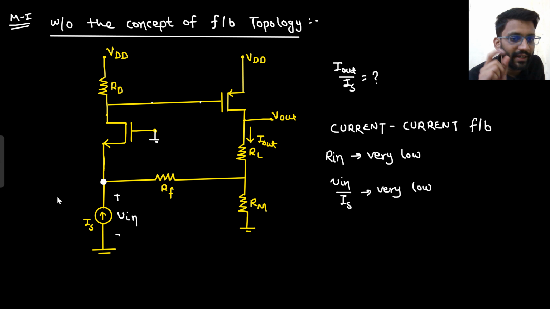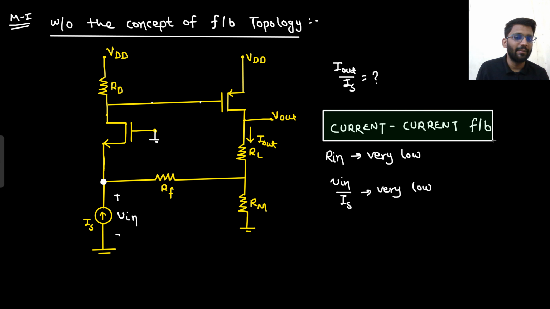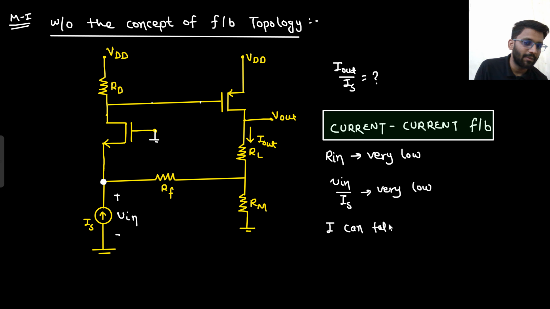Why am I doing so? Because I know for a current feedback topology, the input impedance is very low, and if the impedance is very low, the input voltage will be very low. So this is the assumption I am going to make.